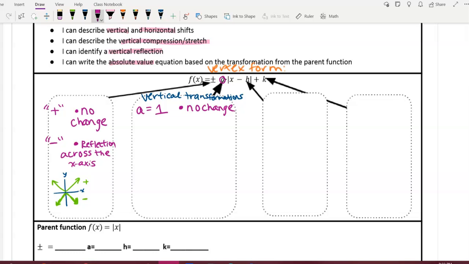Now, if our A value is less than 1, then our graph experiences what we call a vertical compression or shrink. Vertical compression or vertical shrink.